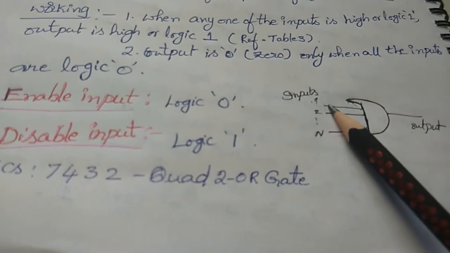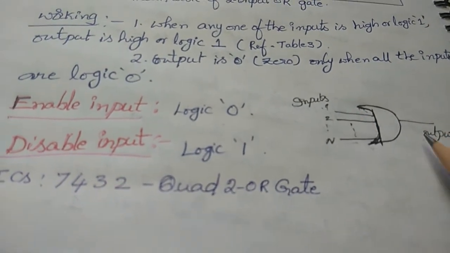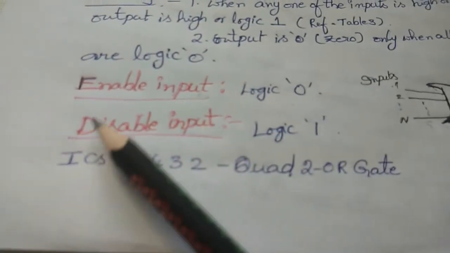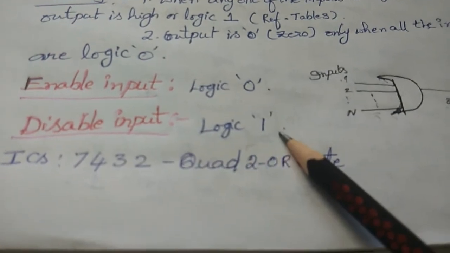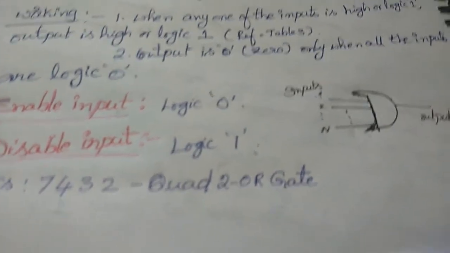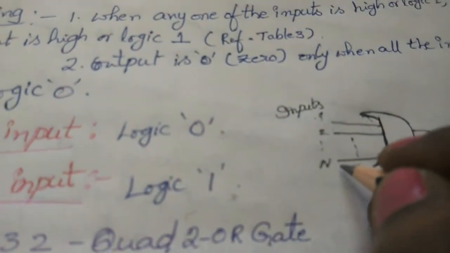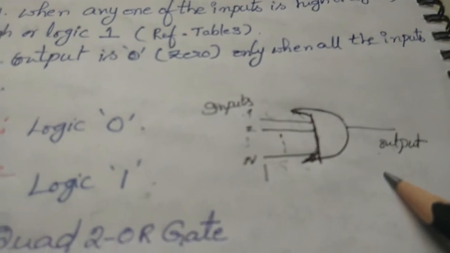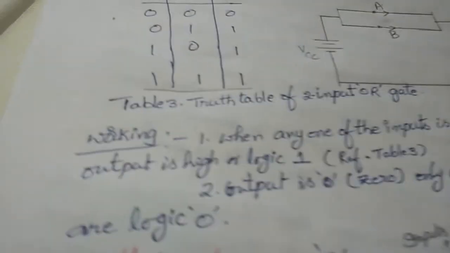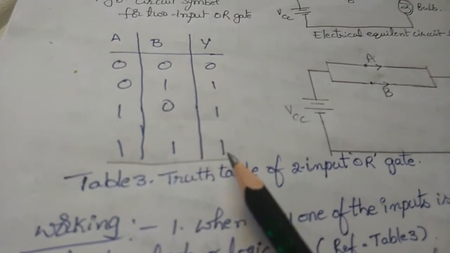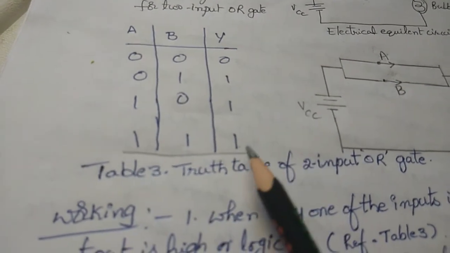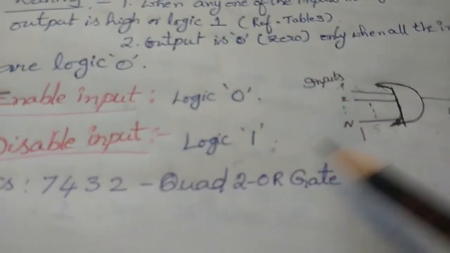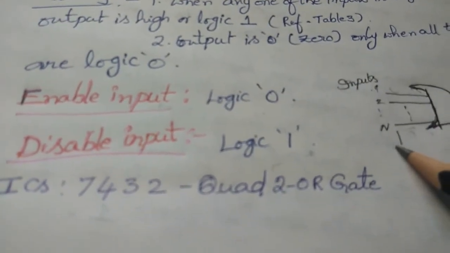The disable input is logic 1, which means if any one of the inputs is logic 1, irrespective of the other inputs, the output is logic 1, because the output of the OR gate will be logic 1 if any one of the inputs is logic 1. So logic 1 is the disable input for the OR gate.